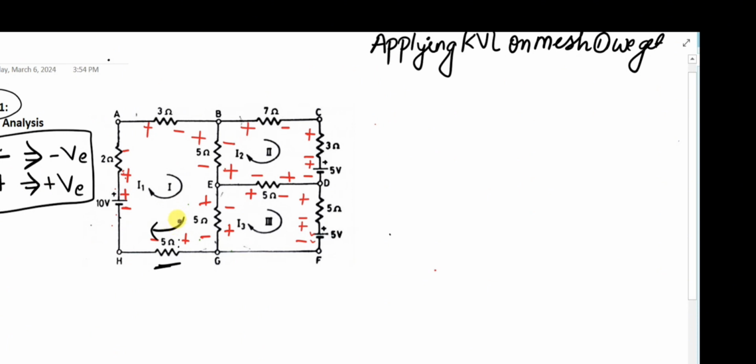Look, while the current moves in the clockwise direction through the 5 ohm, we find that the sign goes plus to minus. Plus to minus means minus, so we will write minus 5.